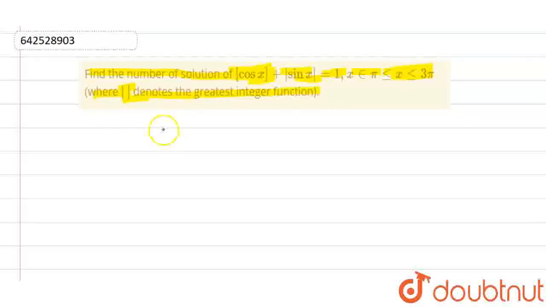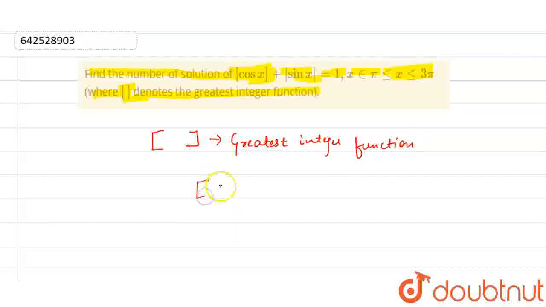First of all, what is the greatest integer function? If a number lies between two integers, like 0.1276, we take the number before the point, which is 0, so its answer is 0.